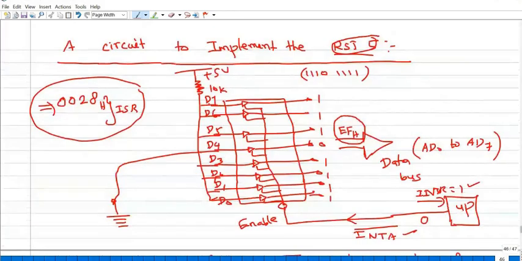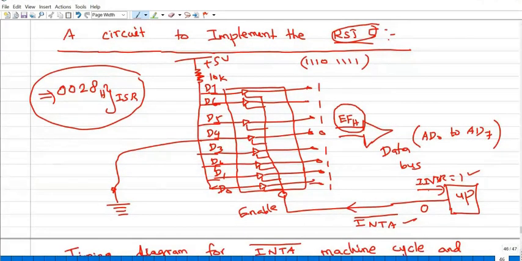Just check the previous diagram. Whenever the INTR signal goes high, the microprocessor sends the INTA acknowledgement signal. The INTA signal, along with the external hardware, inserts the RST instruction inside the microprocessor. So during the M1 state, the data bus holds the opcode for the particular RST instruction.